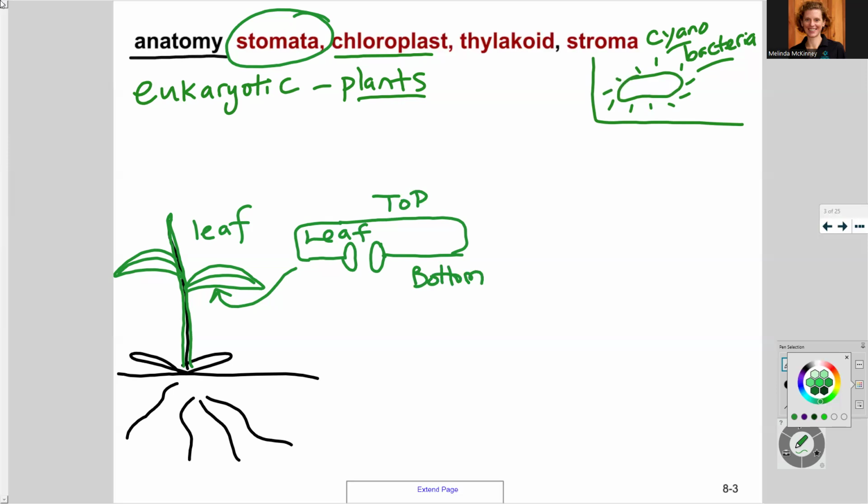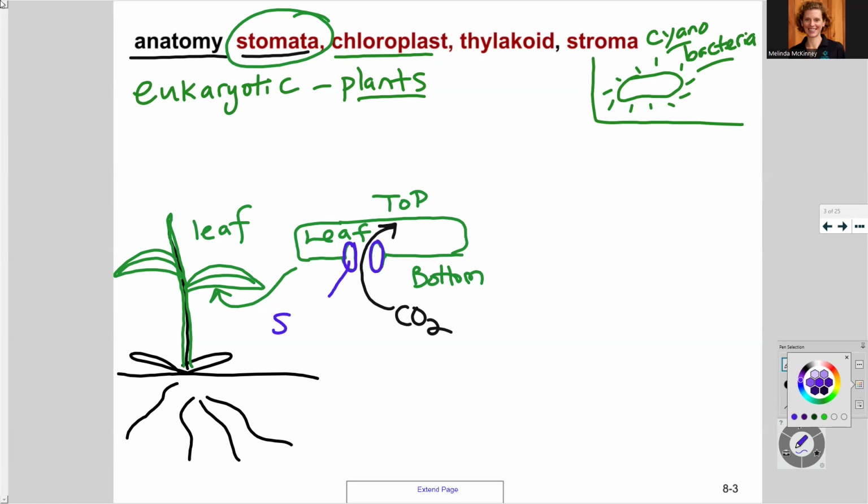What we really are looking for is that one of the reactants in photosynthesis is carbon dioxide. So we need to get carbon dioxide into the leaf. This hole through which the carbon dioxide moves into the leaf is called the stomata. It consists of two cells, called guard cells, and they open and close in response to the needs of the plant.